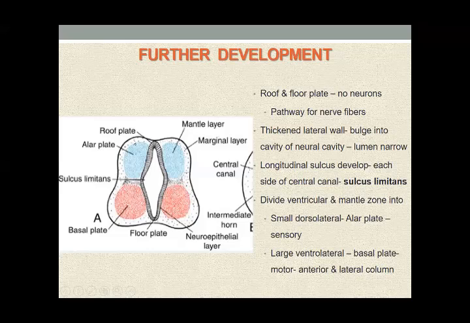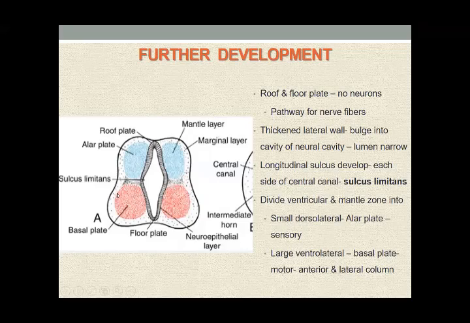So these neurons, as they increase in number, they simply bulge into the central canal. As a result, ये जो lumen या जो cavity of the central canal या lumen जो है, this becomes narrow. अब what happens is, ये जो neurons पहले randomly distributed थे, but then the neurons with similar functions accumulate at one point.